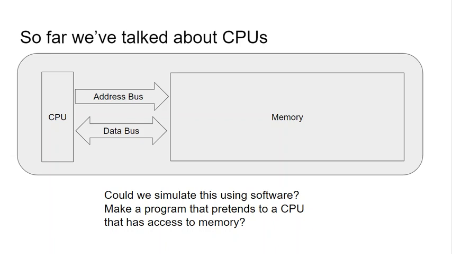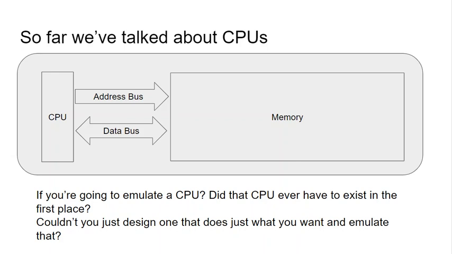Okay, now here's a thought experiment. If we're going to make a program that pretends to be a CPU, did that CPU ever actually have to exist in the first place? Could it just be some CPU that somebody designed on paper that was optimized, particularly good at tackling a certain type of problem? Could it be an imaginary CPU? Well, yes, we could.